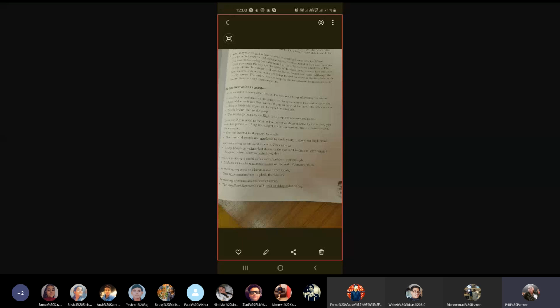Now, for the written part, see that you only write the one-liners of these. For the first one, you will write: focus attention on person or thing affected by the action. Then leave two, three lines. You will see, however, if you want to focus on the person or thing affected by the action, you make the person or thing the subject of the sentence and use the passive voice.